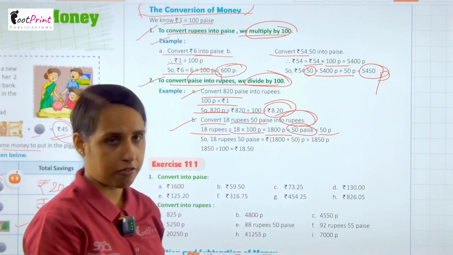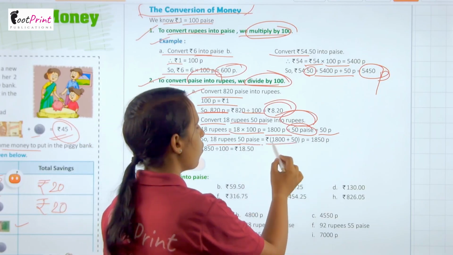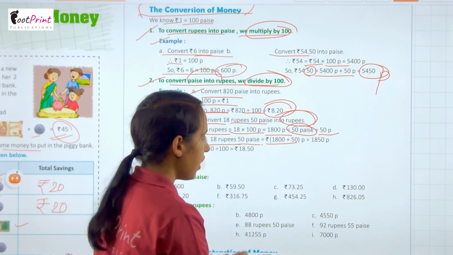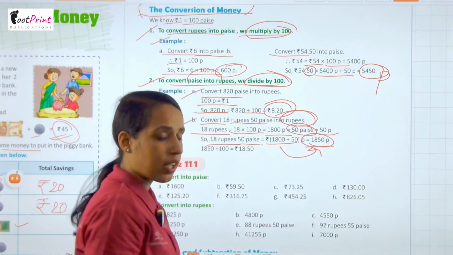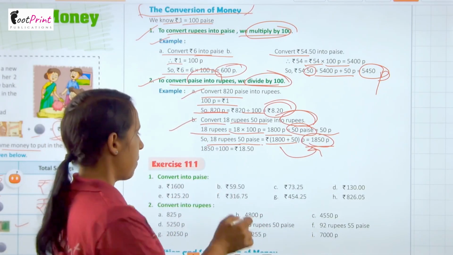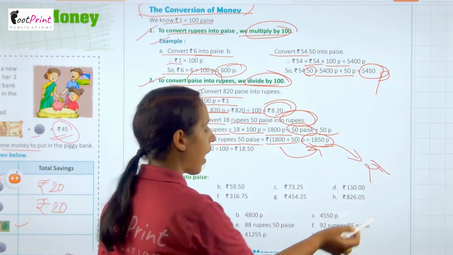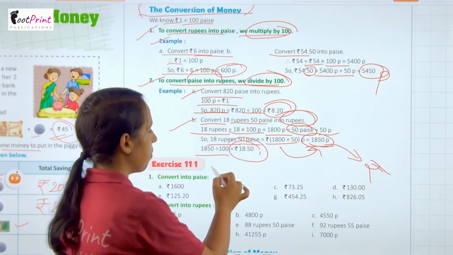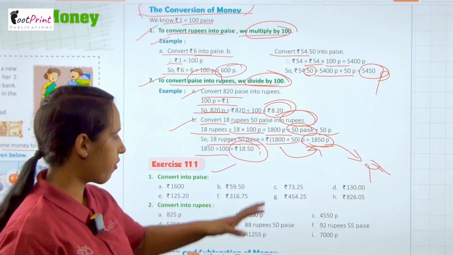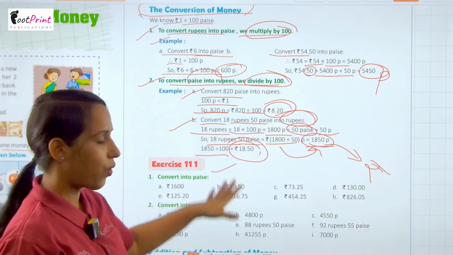So 18 rupees 50 paise will be equals to 1800 plus 50 paise, and after adding that we get here 1850 paise, and after that we have to convert it into rupees. For that we will divide it by 100, and after dividing it, it will become 18 rupees 50 paise, or we can write it as 18.50 rupees.